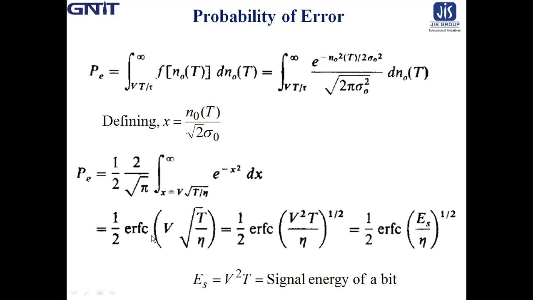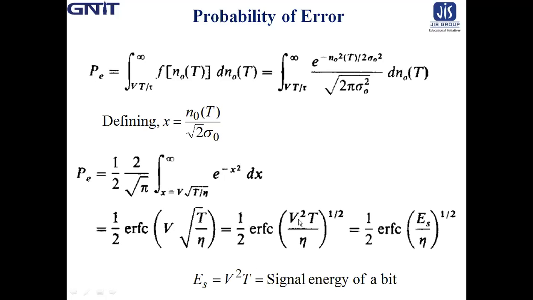The complementary error function works inversely: if the argument is higher, then the result will be lower, as it is the complement. So this is half ERFC of root over V square T by tau, just squaring the argument to the power half.